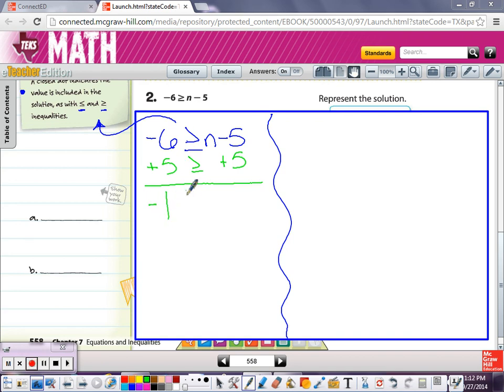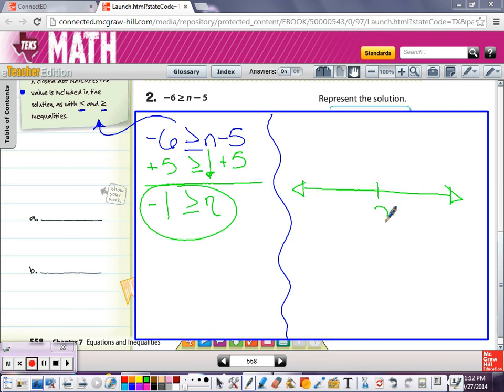My symbol comes right on down, greater than or equal to. The letter n wasn't touched at all. If I subtracted 5, then added 5, I'm left with nothing. So now I already have my solution. The solution to this inequality is n, which could be any number, as long as it's less than or equal to -1. So on a number line, here's what that would look like.